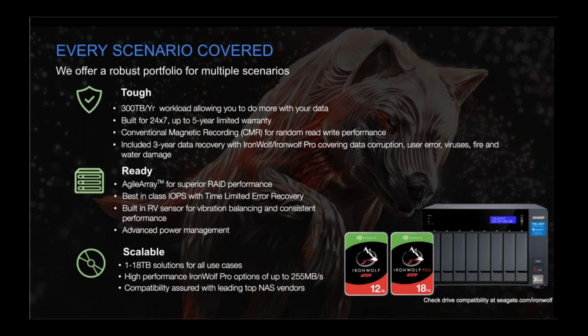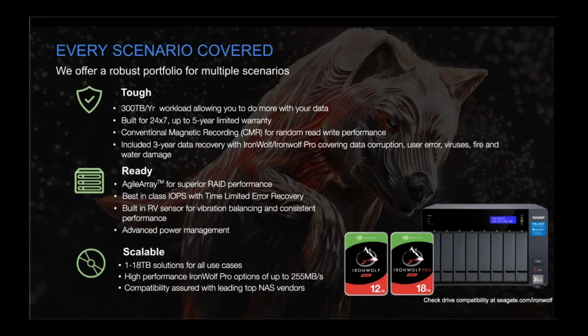Seagate is a really solid drive manufacturer, and they make drives that are specifically designed for NAS, and we do a lot of work with them. When you're looking for drives to put in your QNAP NAS, you're going to want something that is designed to run 24/7. Sometimes if you're looking at desktop drives, even if they're on the compatibility list, that might not be the best call for a NAS.